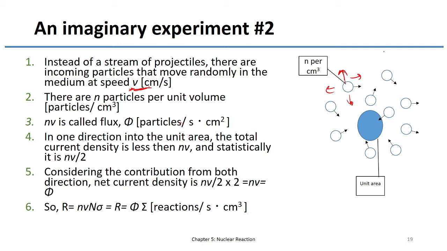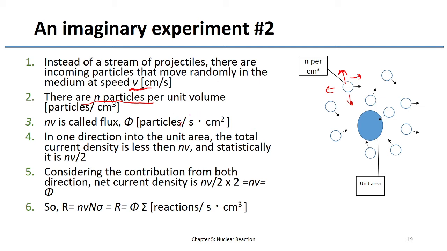And the density is still the small n per unit volume. So at an instantaneous time, there are n particles per unit volume, and each of them moves at the speed of v.